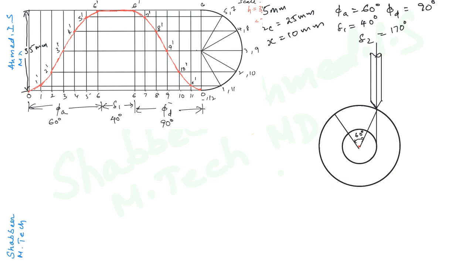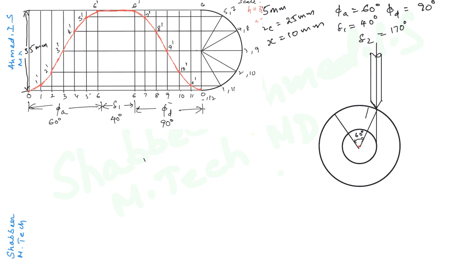Since we have divided the displacement diagram for ascent into 6 parts, this sector also must be divided into 6 equal parts. So every 10 degrees we'll just mark a point on this arc here, and then we will divide it into 6 equal parts.